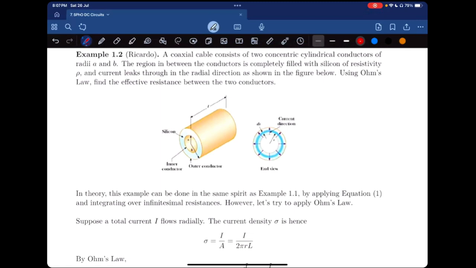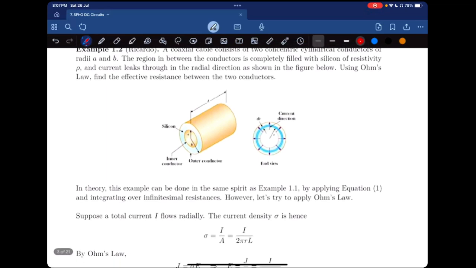And basically what is happening is that the current is flowing radially, you can see here through the cylinders. And you want to find the effective resistance.